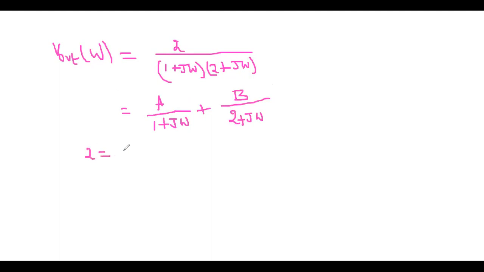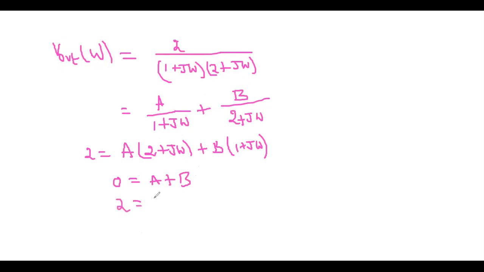So 2 is equal to a into 2 plus j omega plus b into 1 plus j omega. Now I take the coefficients of j omega. There is no coefficient of j omega on the left hand side, so 0 is equal to a into j omega plus b into j omega. So a plus b is equal to 0. And take the constants: 2 is equal to 2a plus b.